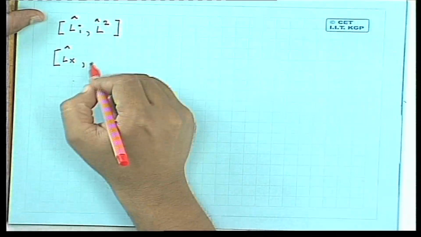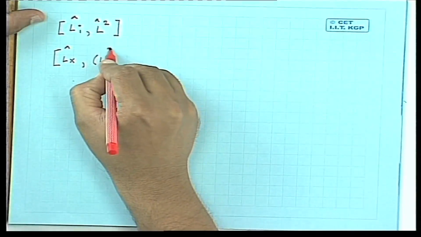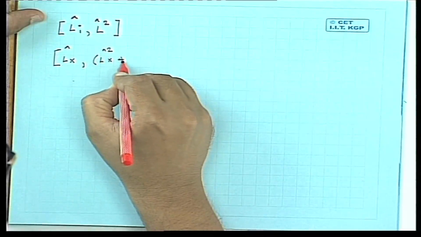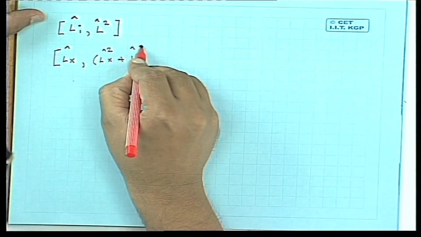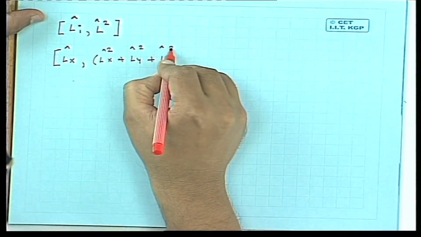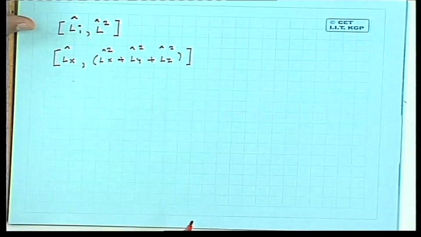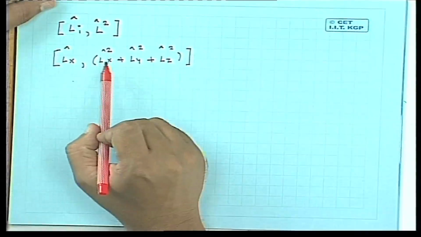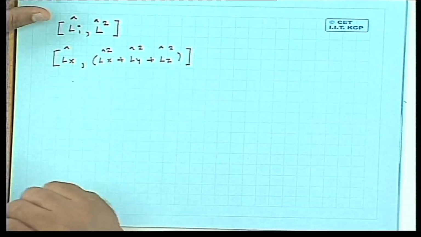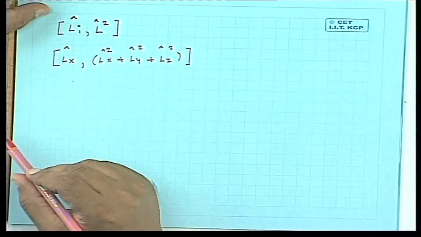L squared is Lx squared plus Ly squared plus Lz squared, because L is a vector and I have to take a dot product. Now, we know that Lx commutes with itself.